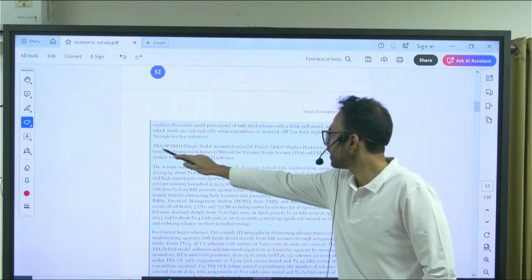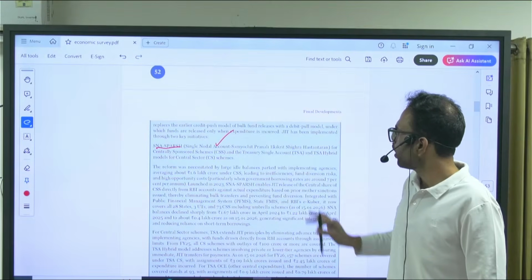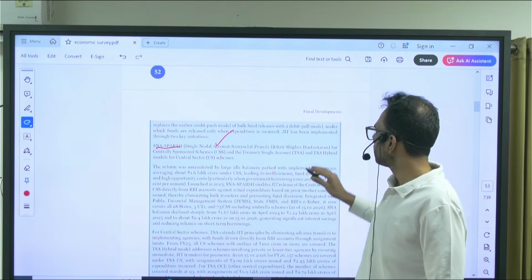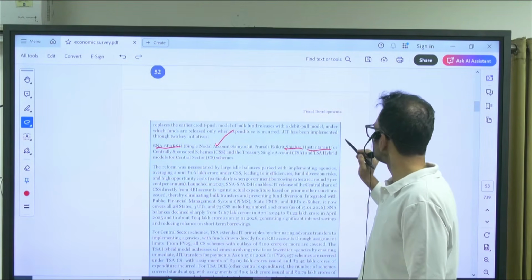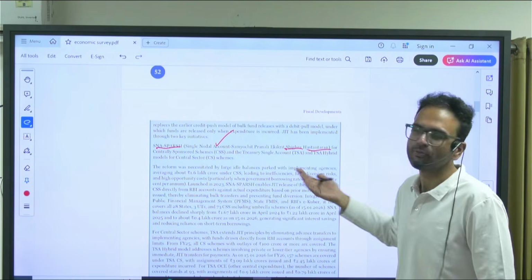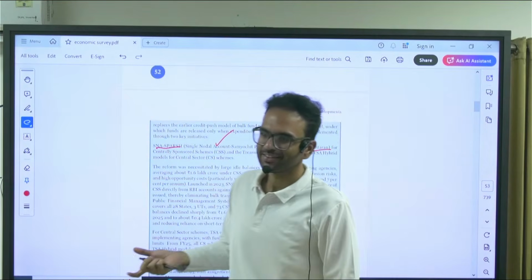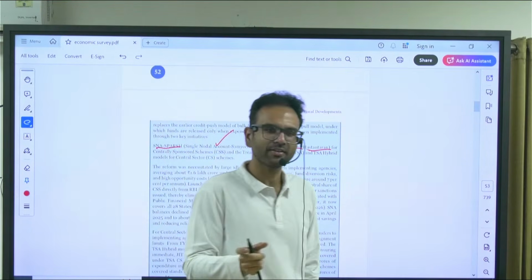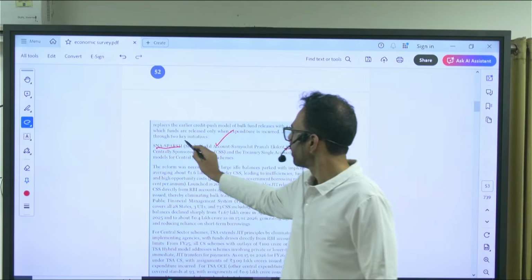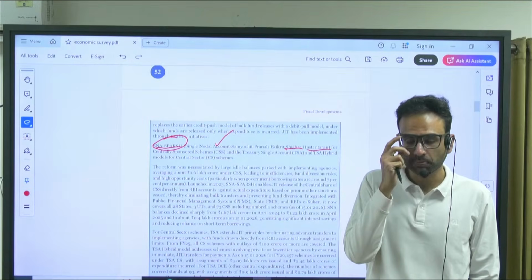Take a look at this. SNA Sparsh. Single nodal account. Samyochit Pranali Ekakrit Shigra Hastataran. Whatever, like pure Hindi or Sanskrit. The exact name is not relevant, but you just remember the name here. Sparsh.